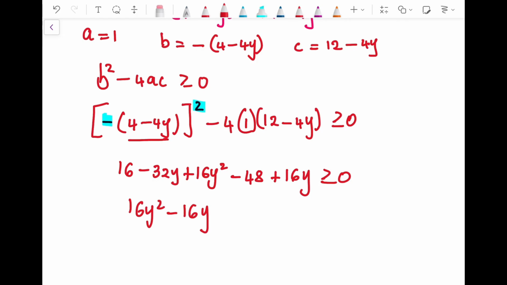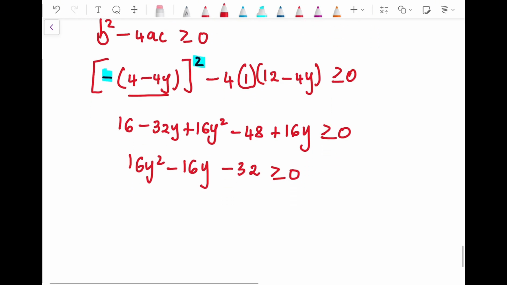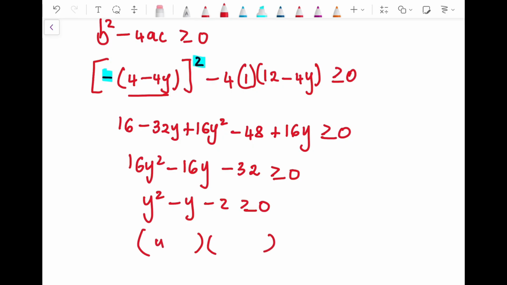If we subtract 16 and 48, it gives us 32 again. So this will be negative 32, greater or equal to 0. And then from here, we can divide everything by 16. So we are going to have y squared minus y minus 2 is greater or equal to 0. And then we are looking for factors of 2 that we can subtract. It is 2 and 1 to get 1, so minus and plus. This is greater or equal to 0.